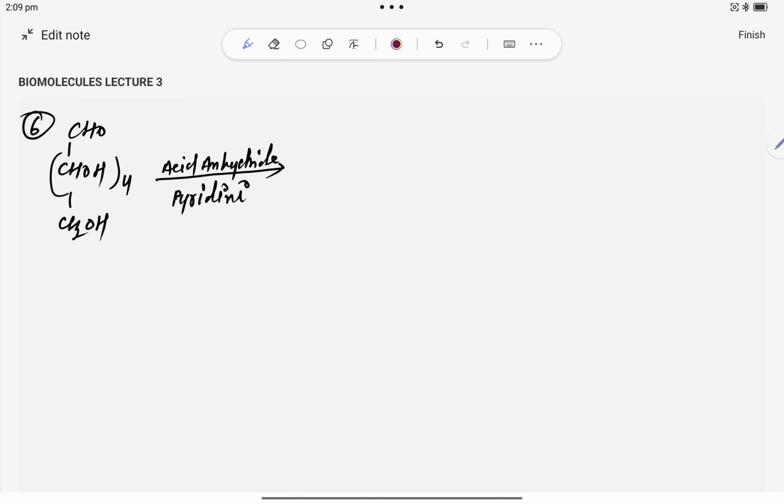What is acid anhydride, children? CH3, C double bond O, O, C double bond O, CH3. So this is your acid anhydride. In that case, what is it forming?